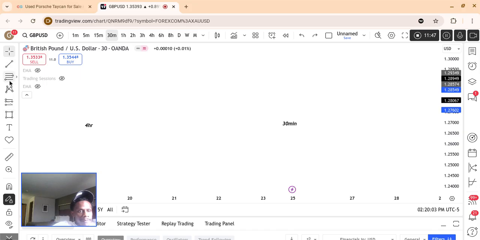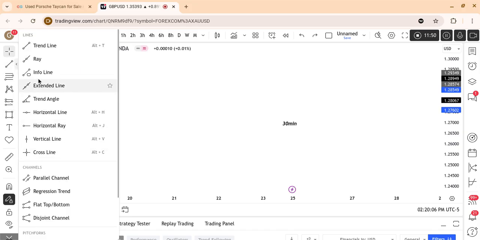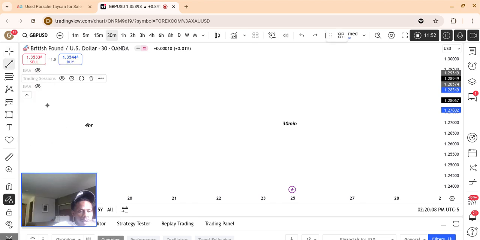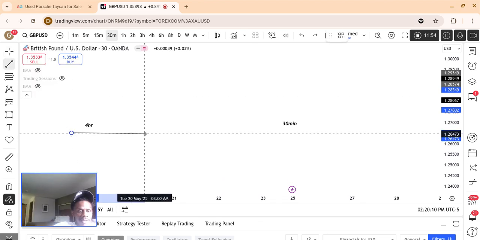Now in the ranging market, it's quite different. What you will see in a ranging market is price just moving sideways.